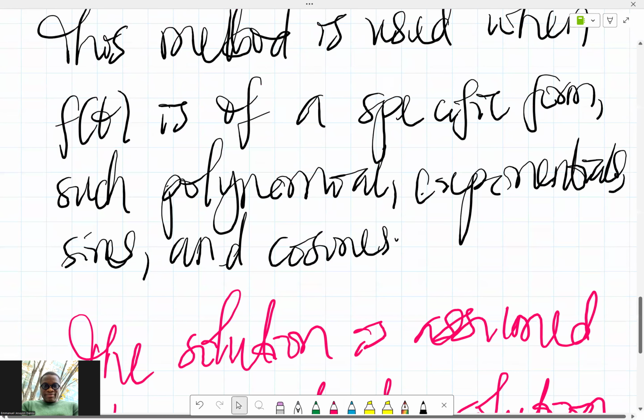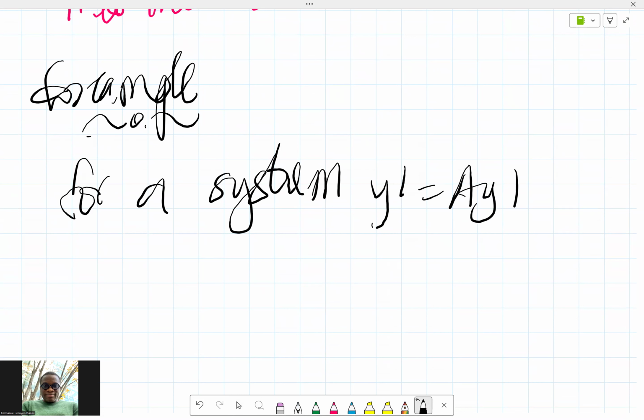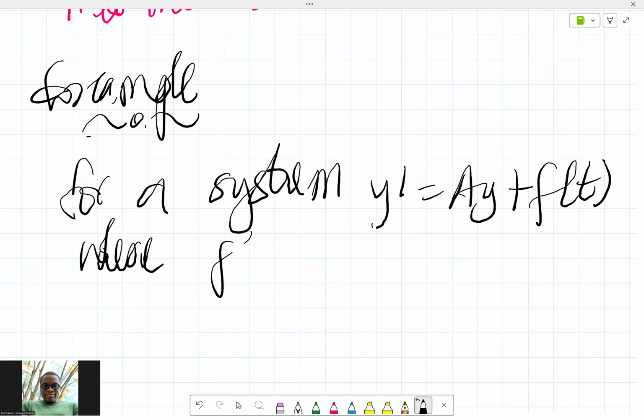To take an example, for a system y prime equals Ay plus f of t, where f of t is equal to e raised power t, 0, like this.